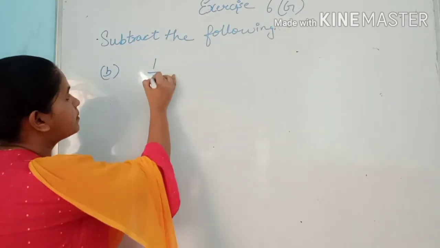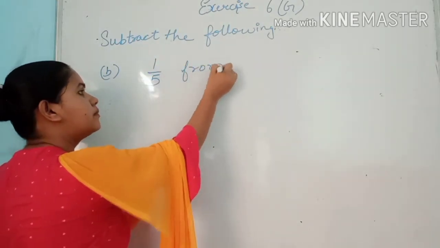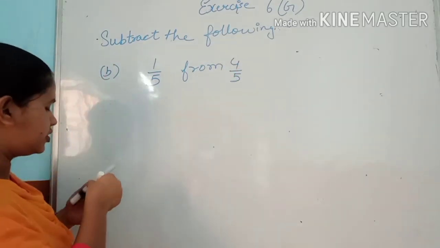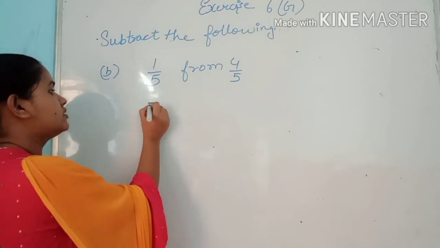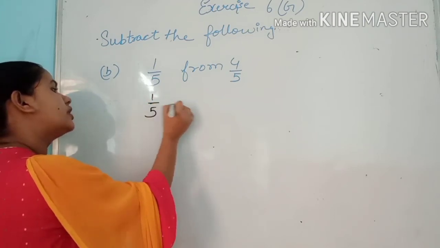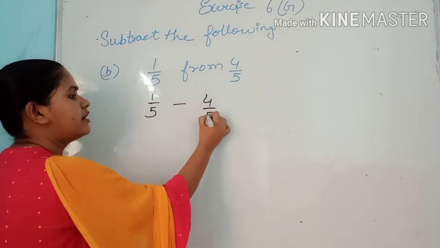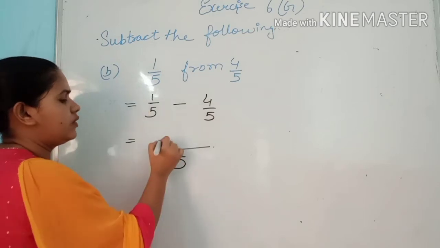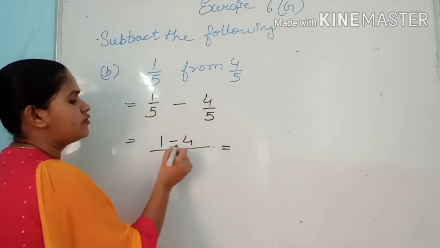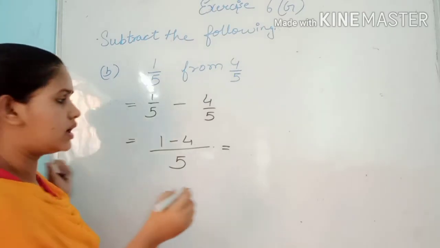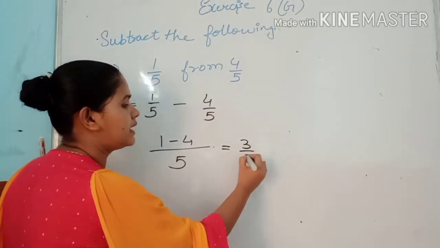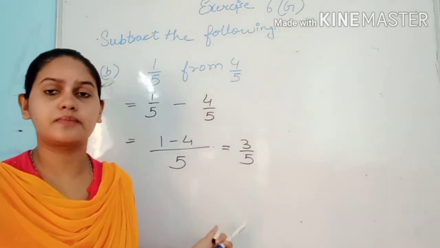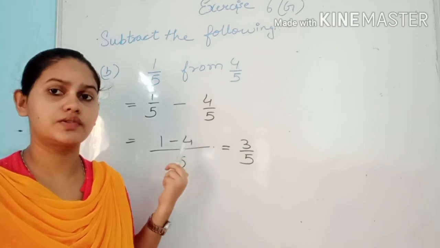So we convert it into the equation: 4 by 5 minus 1 by 5, and in the second step we take the common denominator and take 4 minus 1. When we subtract 1 from 4, it becomes 3 by 5. Okay, so the answer will be 3 by 5 when we subtract these two fractions, right?